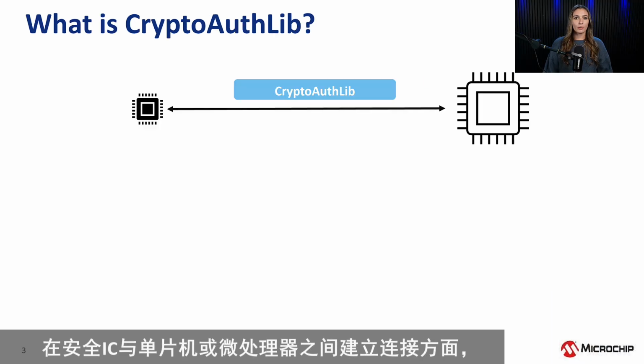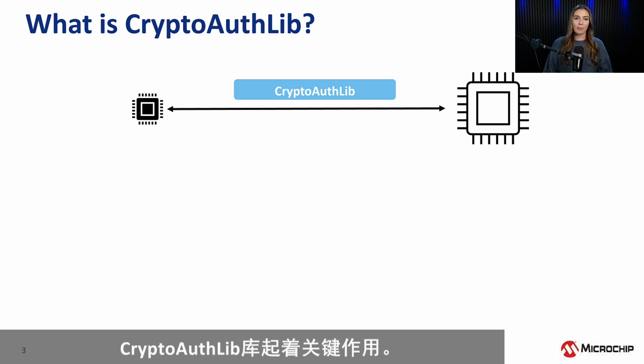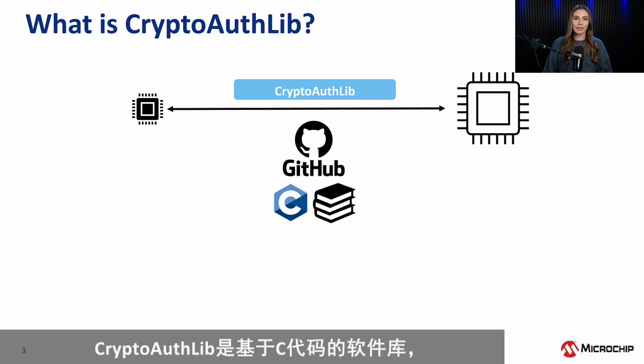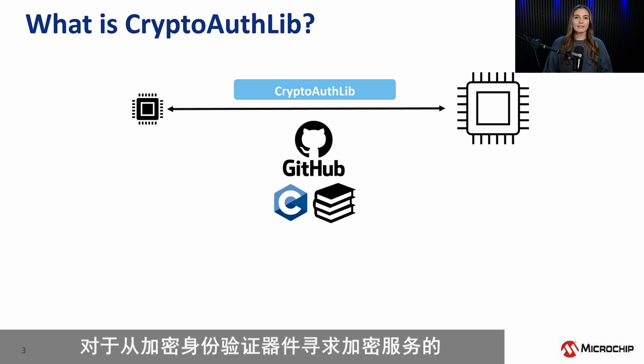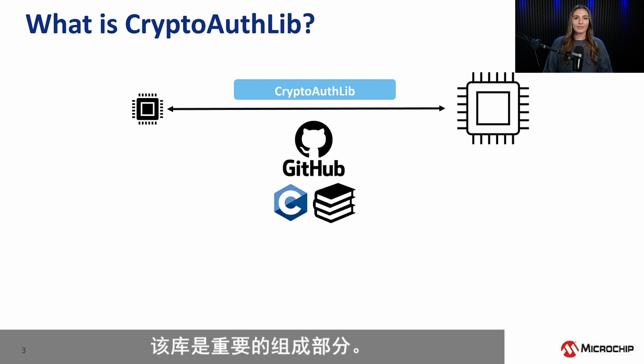CryptoAuthLib plays a critical role in establishing the connection between your secure IC and a microcontroller or microprocessing unit. It is a C code-based software library stored on GitHub. It forms an essential part of any application or device driver seeking cryptographic services from a crypto authentication device.